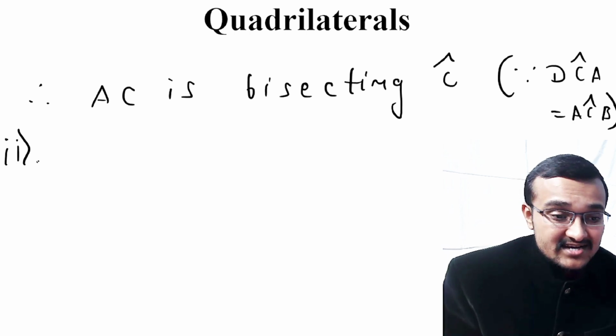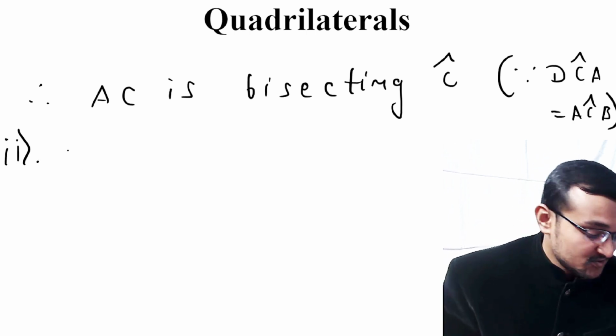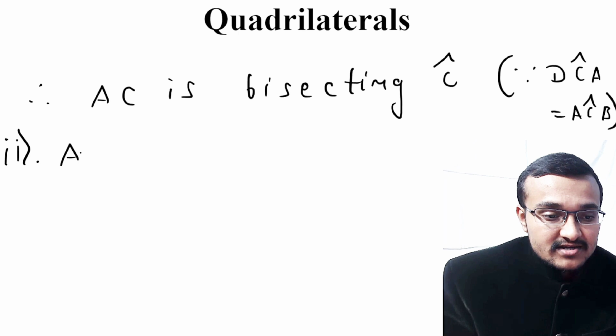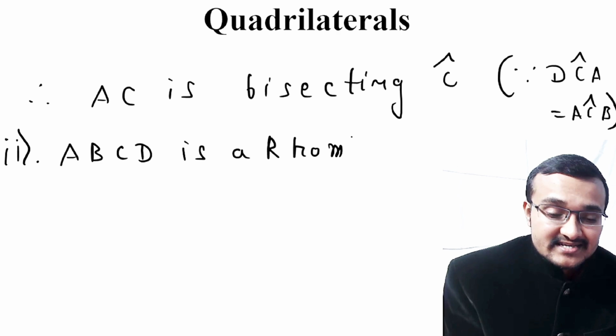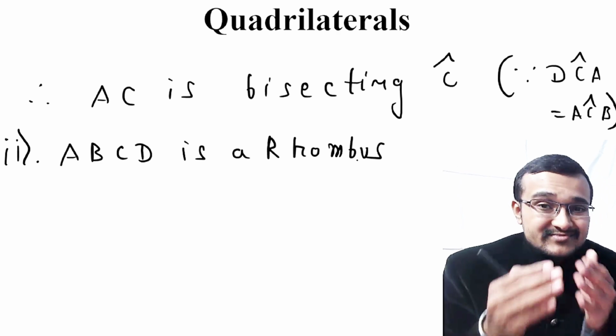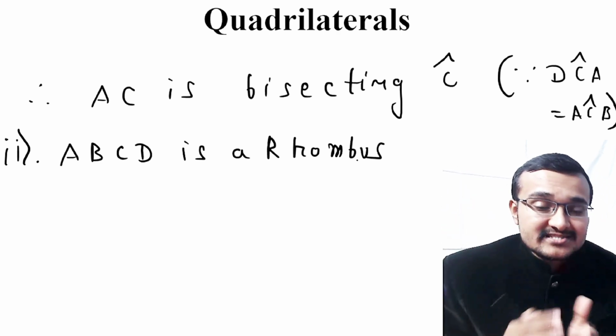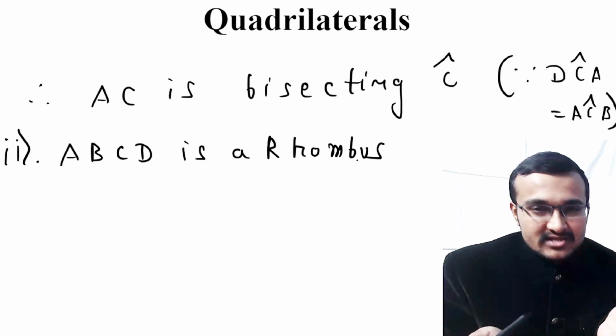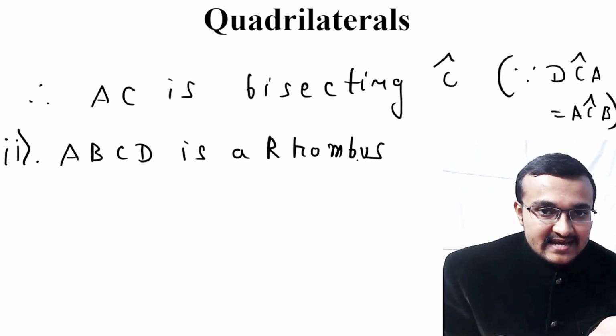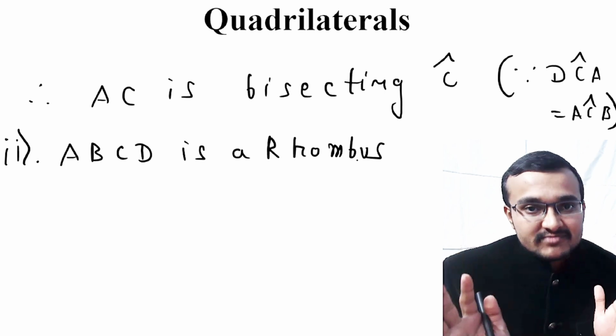Now we will look into the second question in the same third question. In the second question, they have asked that you need to prove that ABCD is a rhombus. In order to prove that ABCD is a rhombus, you have to prove all the sides are equal to each other. Because in a rhombus, whatever the interior angles might be, all the sides will be equal.